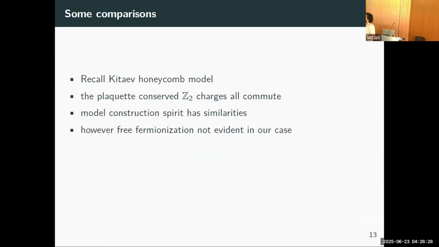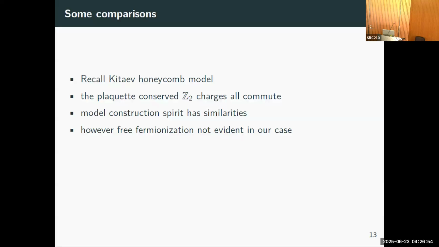Another point of comparison would be the Kitaev honeycomb model. From a model construction point of view, in the Kitaev honeycomb model, we have these XX, YY, and ZZ coupling units. There are these Ising bonds that are cross-linked in orthogonal directions in spin space.